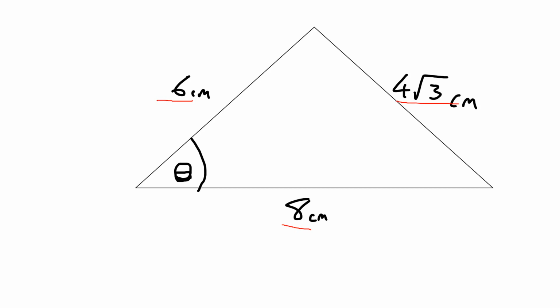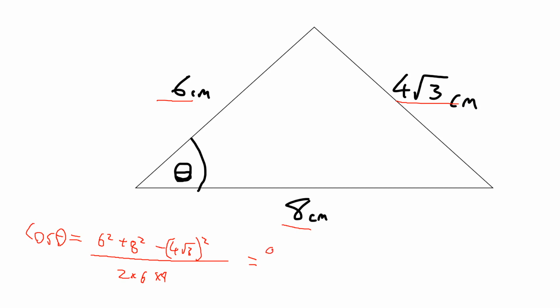Well, if you remember the cosine rule, cos theta is equal to 6 squared plus 8 squared minus 4 root 3 squared, all divided by 2 times 6 times 8, which is equal to 96 minus 48 all divided by 96, which is 48 over 96, which is equal to a half, right?